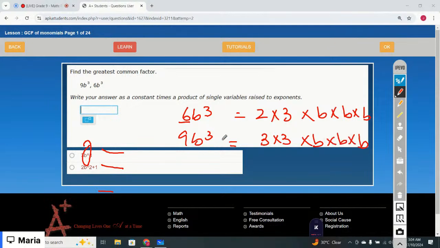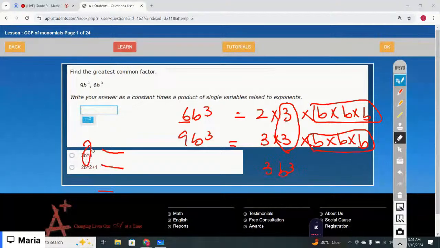Now you have to look for the common factors. 3 is common and b cube is common, right? So the greatest common factor is 3b cube. Got it? Option number 1 is the correct option.